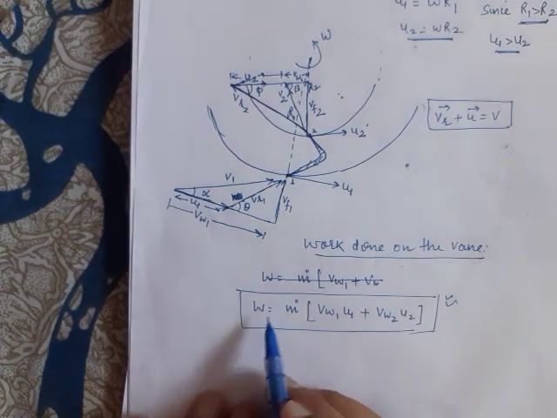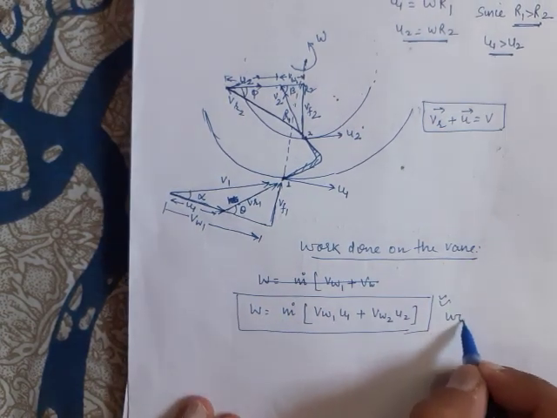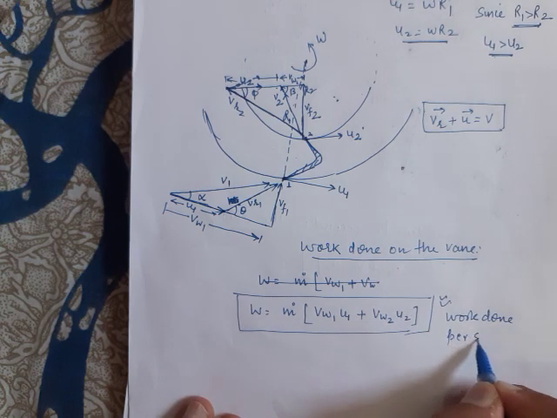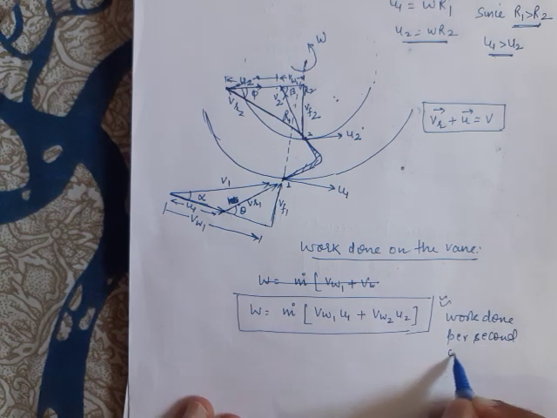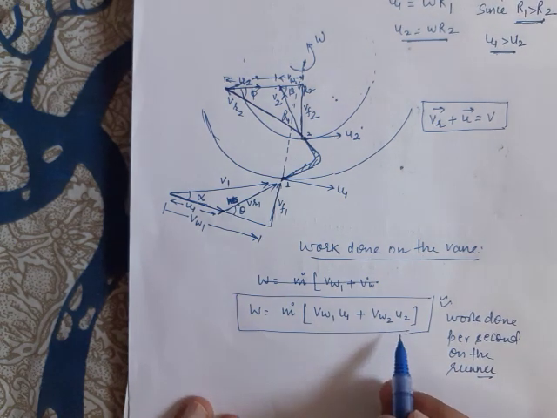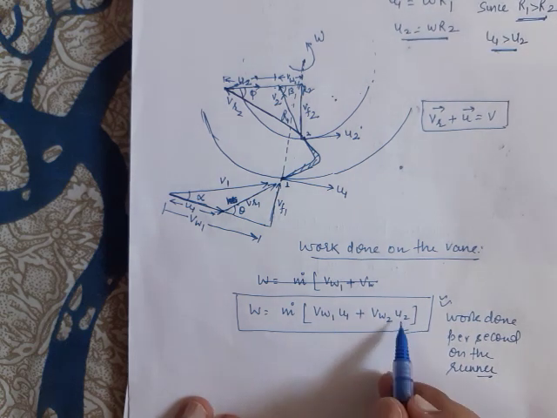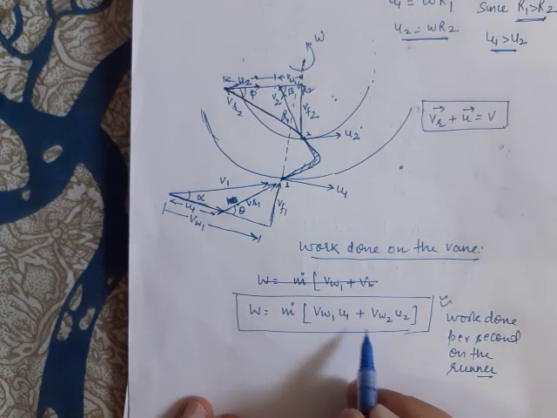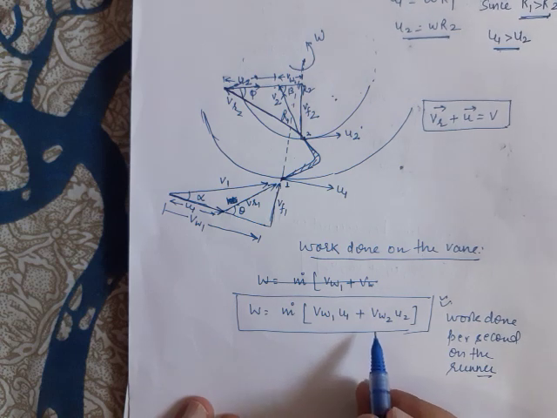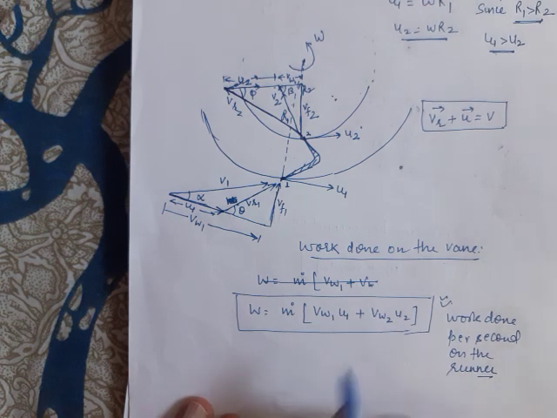We have work done per second on the runner, given by the formula m dot (vw1 u1 + vw2 u2), because u1 and u2 are now different, as the radii at which the water enters and leaves are different from the axis of the runner.